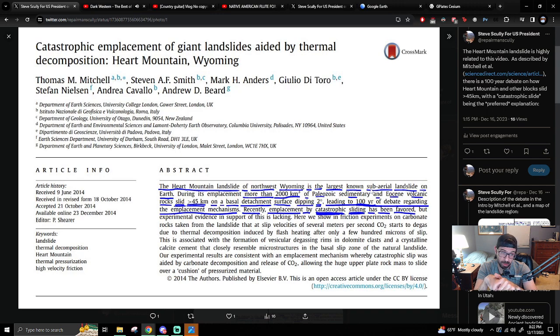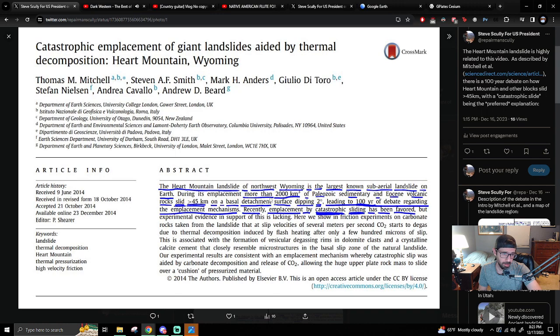Actually, the truth of the matter is it's the largest known continental landslide, on a continent. Maybe not subaerial, because I just don't agree with that. It doesn't seem likely. It seems more likely that it's just been concluded to be subaerial.